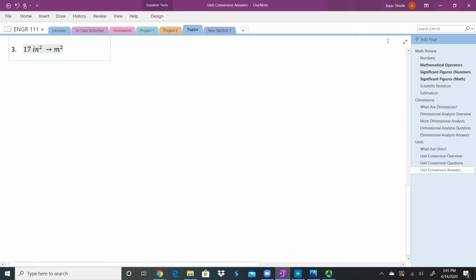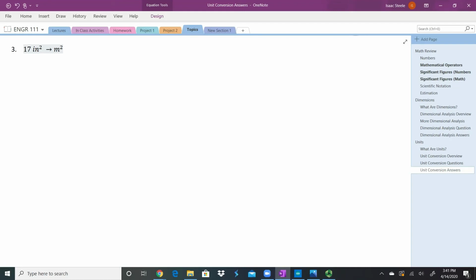We have 17 inches squared, and I want to turn that into meters squared. Now I asked you in the original problem to go ahead and solve this, but don't find a conversion that goes from inches squared to meters squared. Instead, I want you to find a conversion that only goes from inches to meters, and then we'll have to figure out how to turn that into an area along the way.